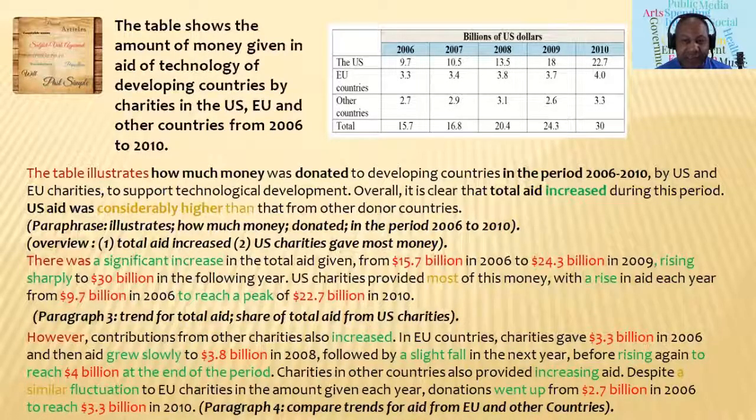So let's begin. The table illustrates how much money was donated to developing countries in the period 2006 to 2010 by US and EU charities to support technological development. So as we can see, amount of money becomes how much money.